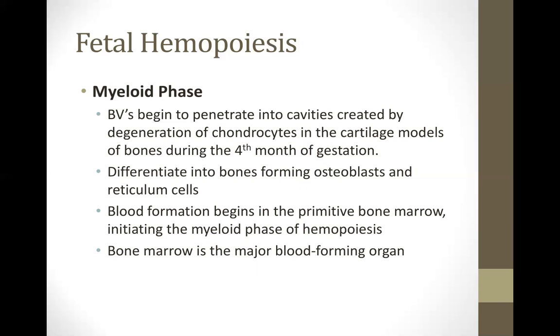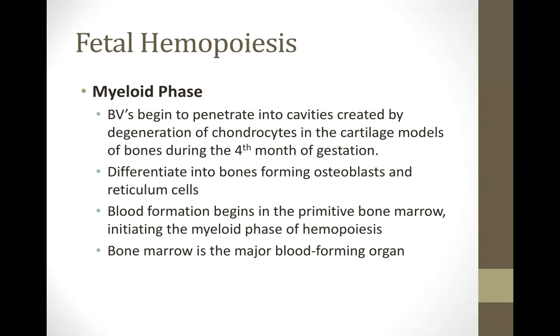If you remember in my bones and cartilage lecture last prelims, this is actually the endochondral ossification. From the hyaline cartilage, they will be replaced by your osteoblast. And then from this osteoblast, bone formation develops, no? The blood formation at this myeloid phase begins in the primitive bone marrow, initiating the myeloid phase of hemopoiesis.